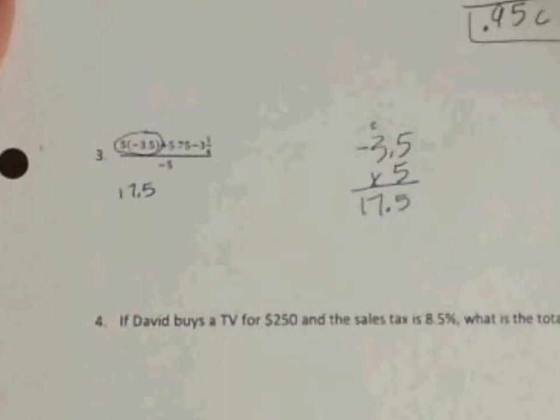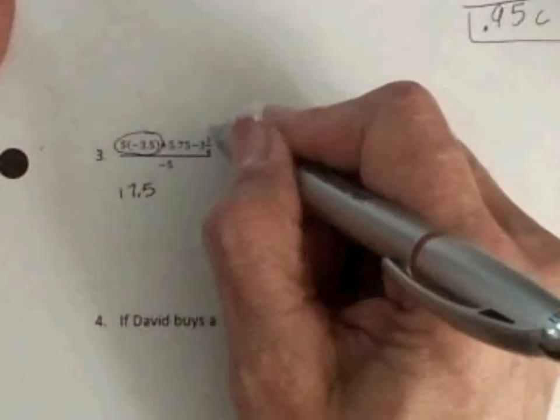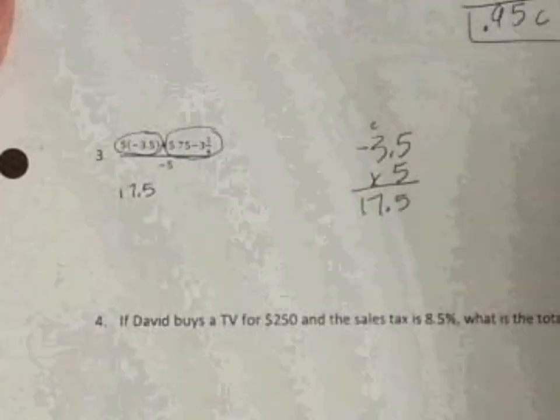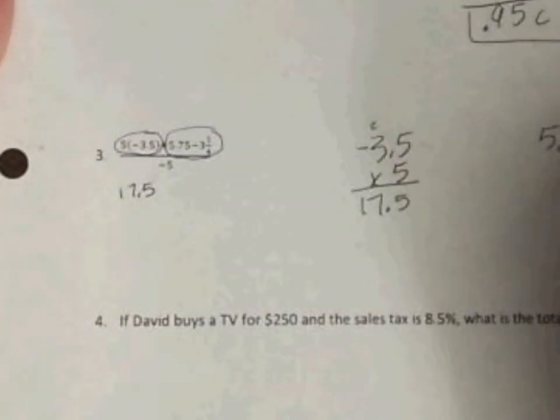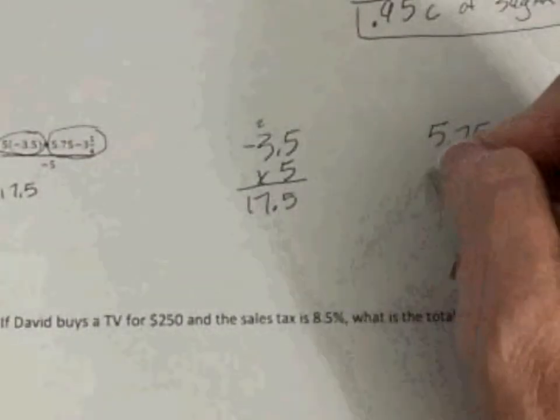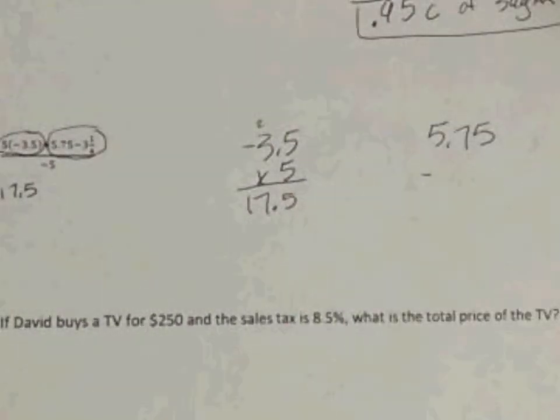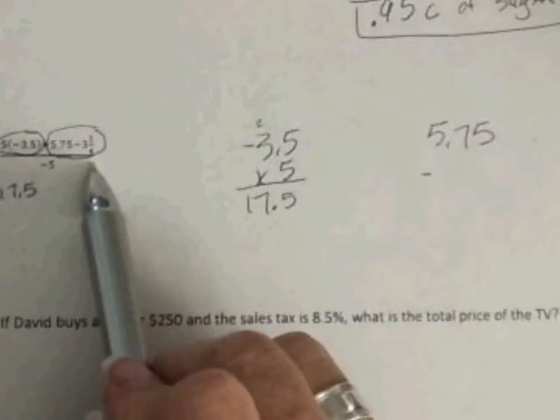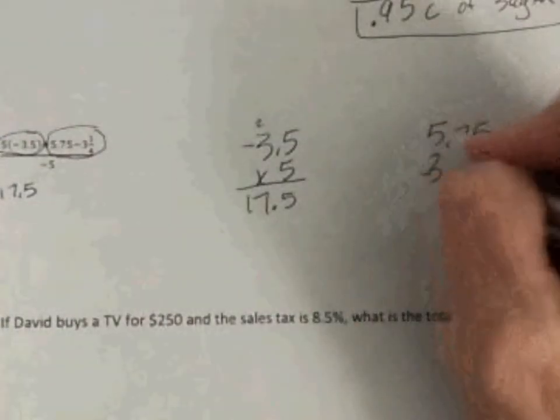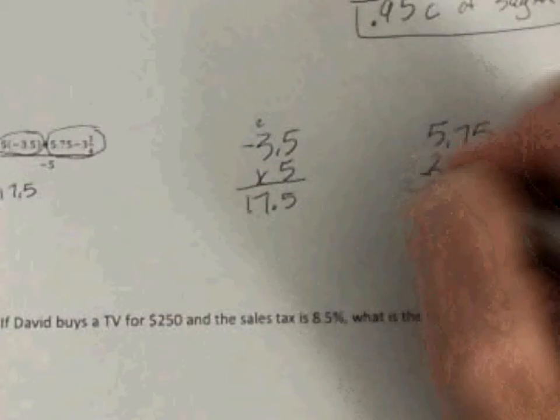My add and subtract is next, and I'm going to add the 5.75 with negative 3 1/4. Well, I know that's 3.25. 1/4 is 0.25.